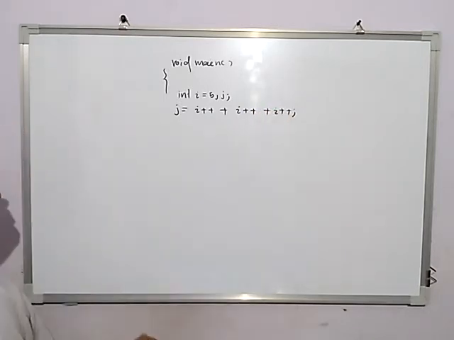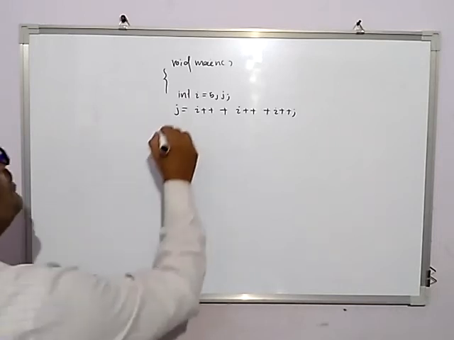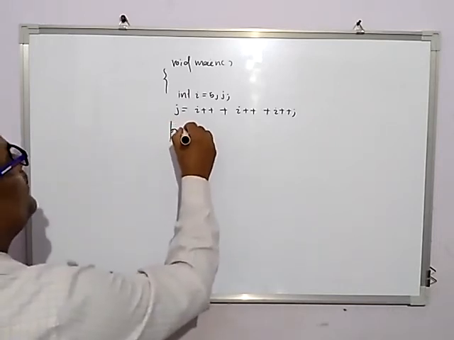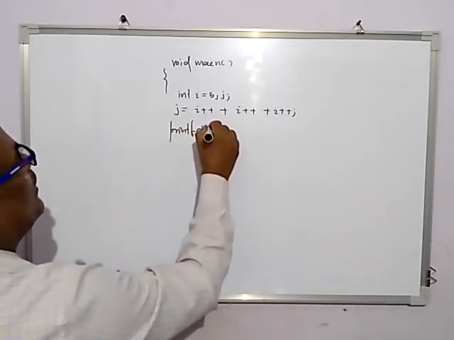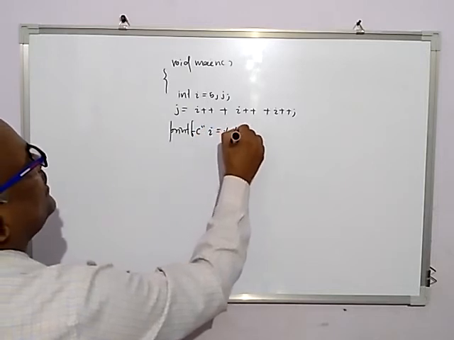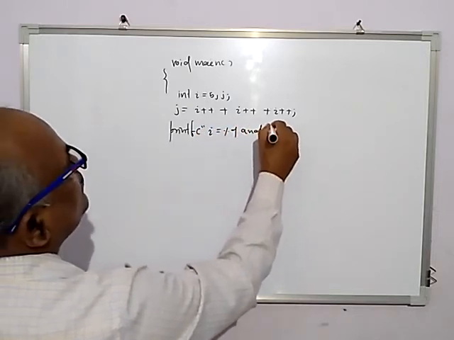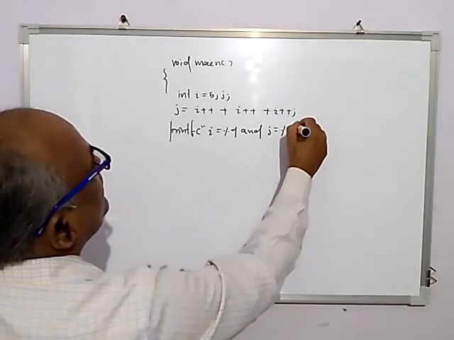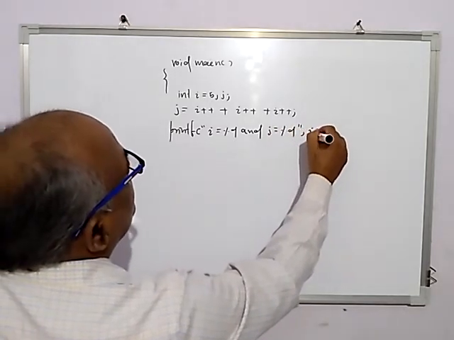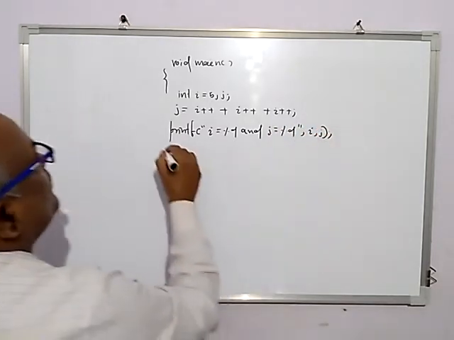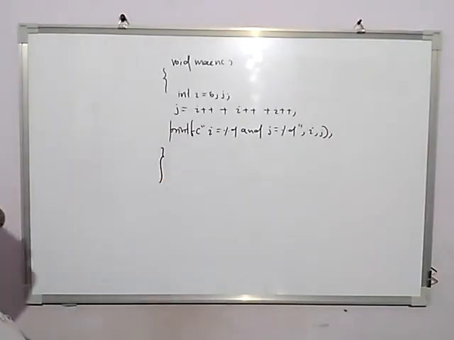Now here, what is the value of i and what is the value of j? So printf("i equal to %d and j equal to %d", i, j). So what will be the value of i and j?